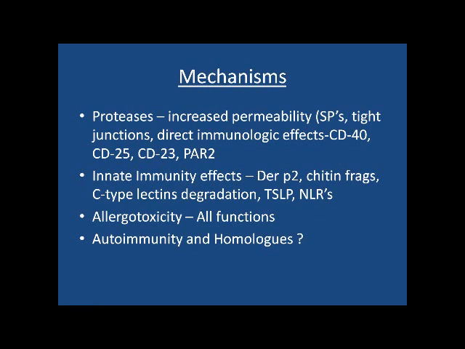CD40, you can't get a Th1 without CD40. And CD25 is the alpha chain, I think, of the IL-2 receptor, which is also involved in Th1 and Th2 responses. The CD23 is the low affinity receptor for IgE, and it seems that the soluble form stimulates IgE production.